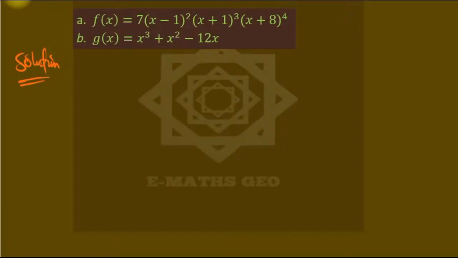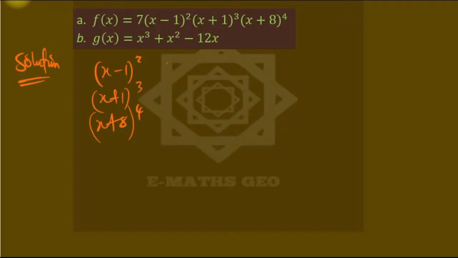From here, as you can see, we have x minus 1 raised to power 2, x plus 1 raised to power 3, x plus 8 raised to power 4. So what is m here? 2.